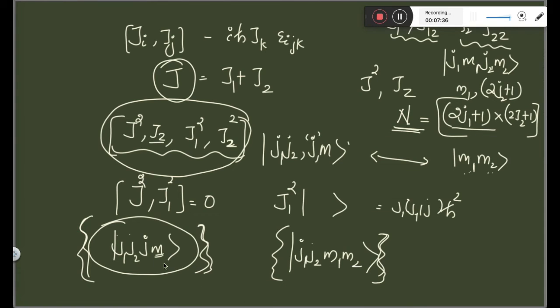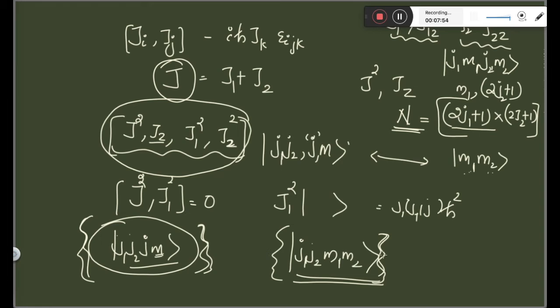And you can see that if I represent this ket in terms of all possible values of that ket, there could be a transformation relation connecting the ket J1, J2, J, M to the set of all kets J1, J2, M1, M2.